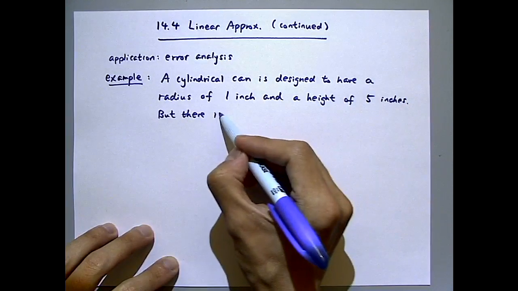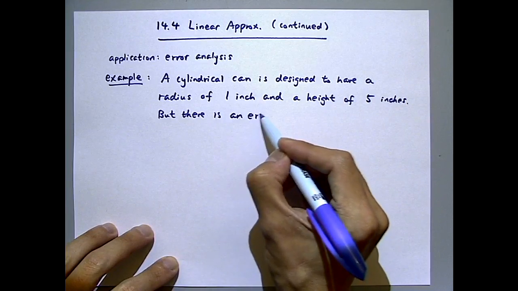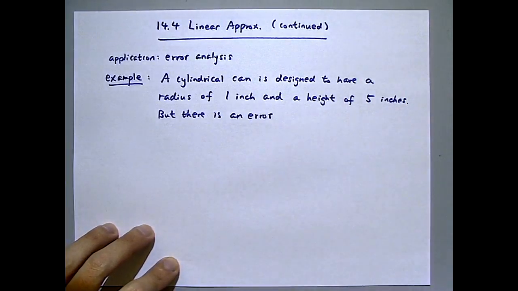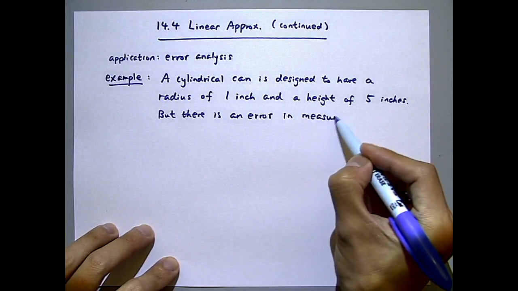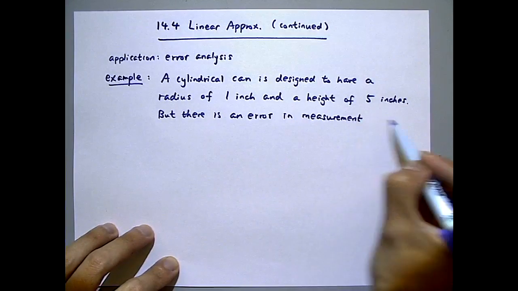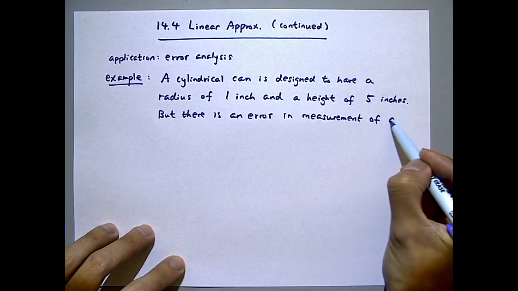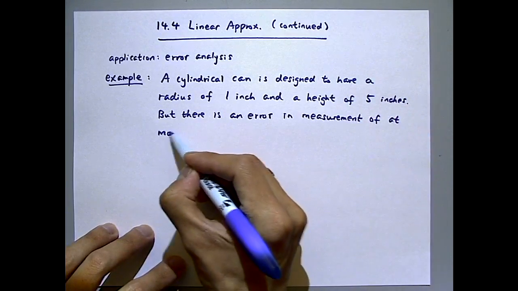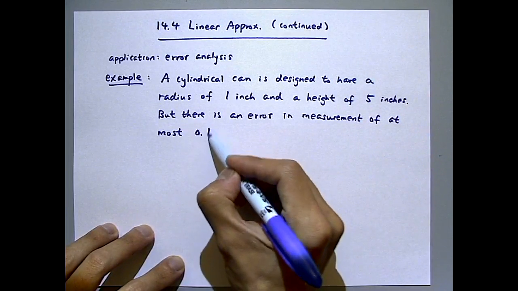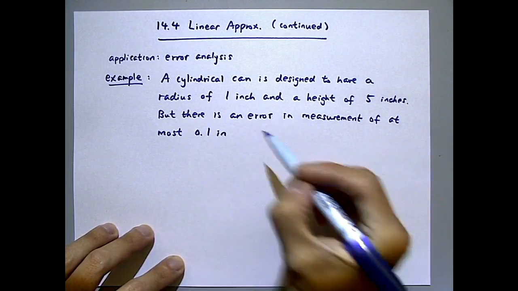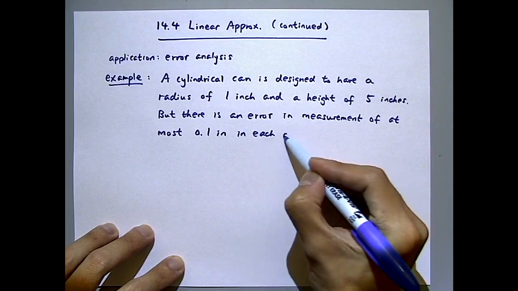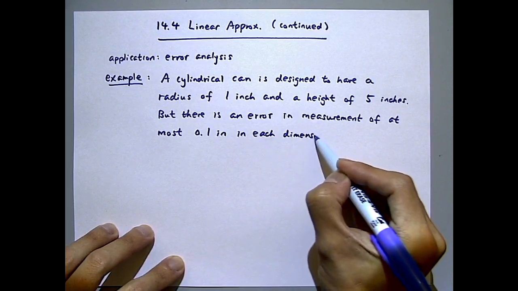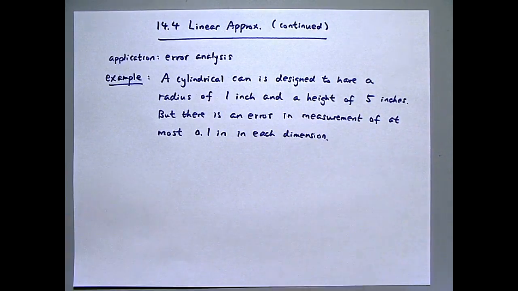But there is an error in the measurement of at most 0.1 inches in each of those, in the radius and the height.